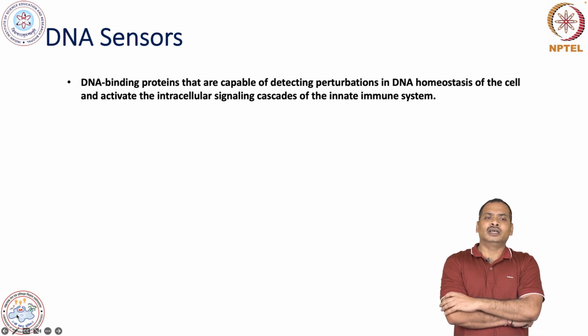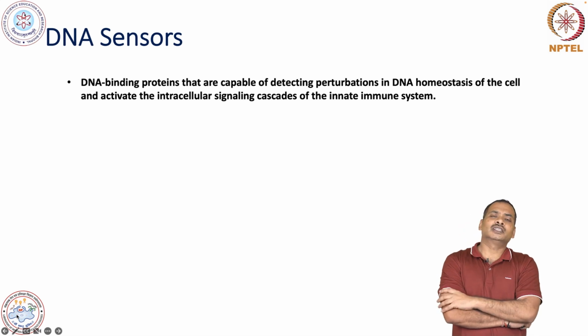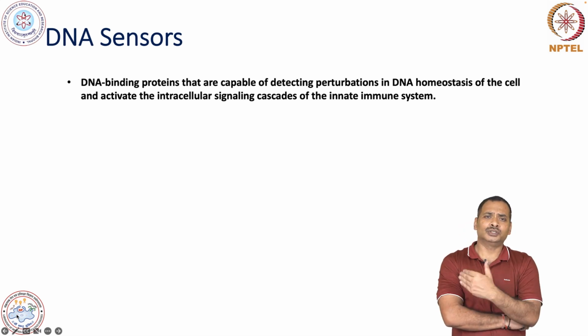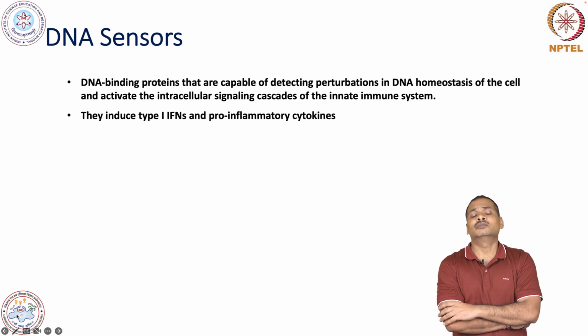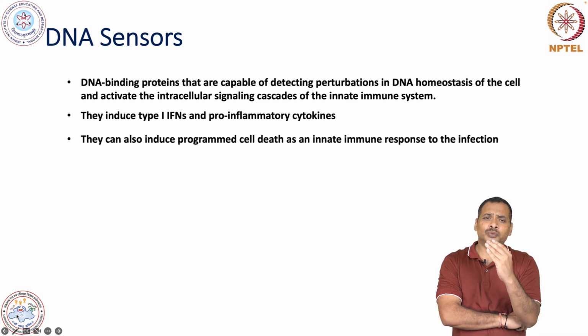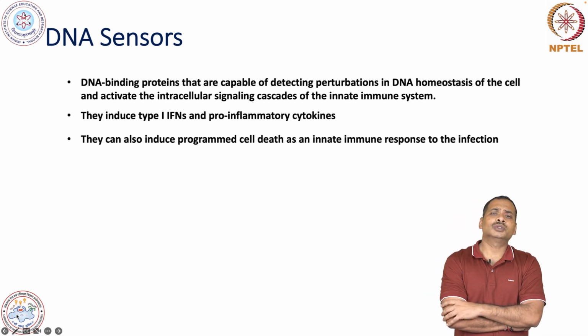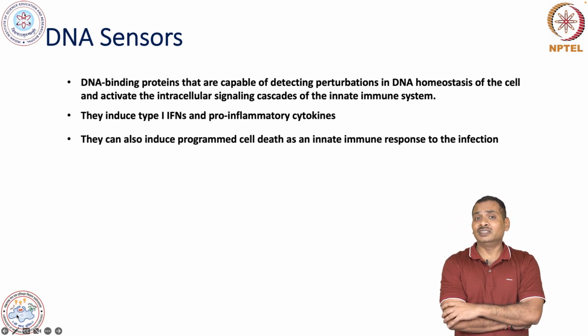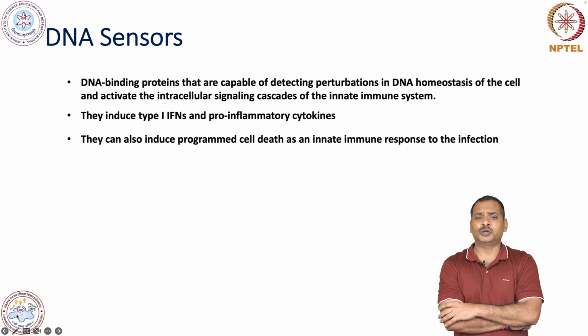And this will activate a cascade of signaling pathways in order to induce an innate immune response, which is the production of type 1 interferon and pro-inflammatory cytokines. In addition to these, they can also induce cell death, which in technical terms we call apoptosis.